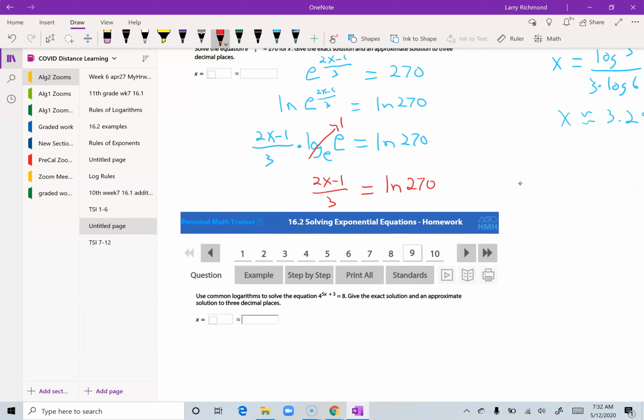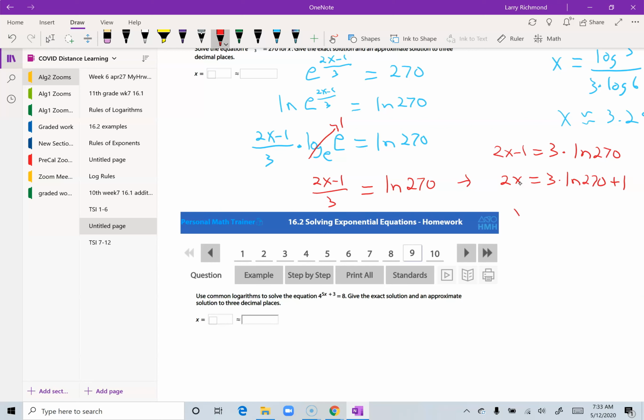Well, when we have a fraction, we can multiply by the denominator. Multiplying by the denominator on both sides yields 2x minus 1 is equal to 3 times ln of 270. Adding 1 to both sides yields 2x equals 3 times ln of 270 plus 1.